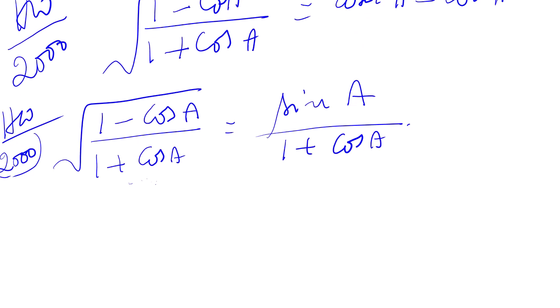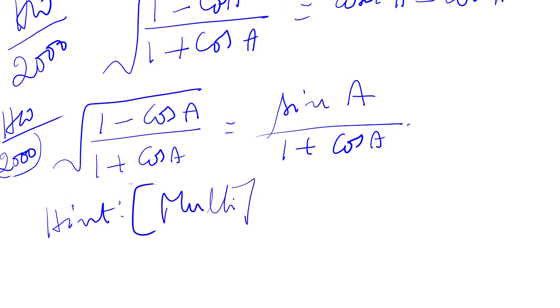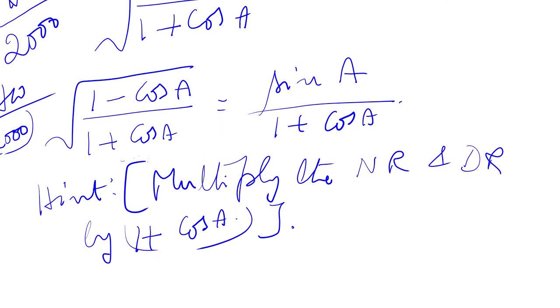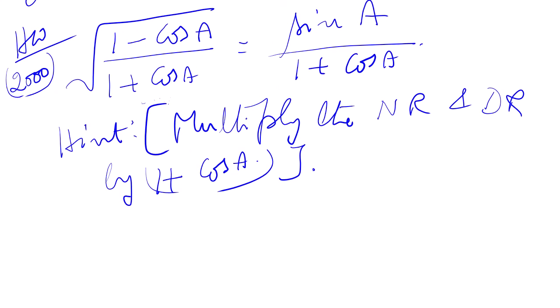The only hint is multiply the numerator and denominator by 1 plus cos A.